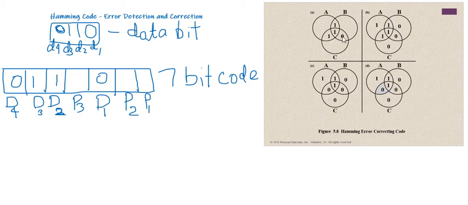In this place you write the D1 bit, in this place D2, in this place D3, and inside you write D4. I think it's not clear enough here. Let me erase and write clearly.